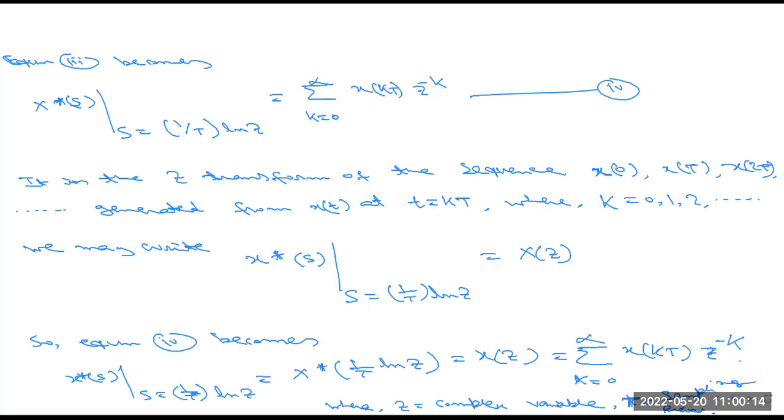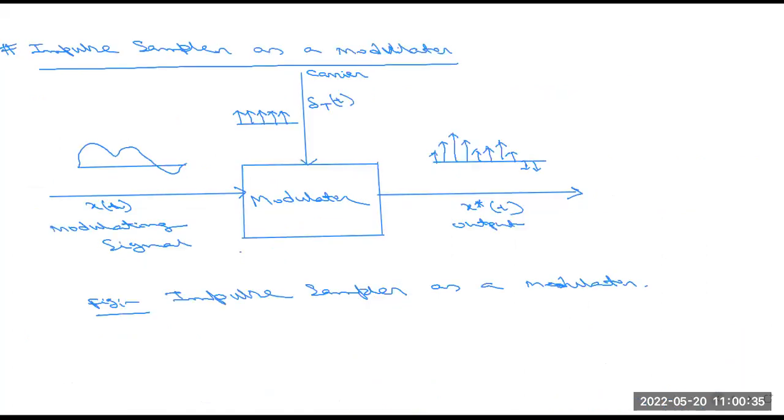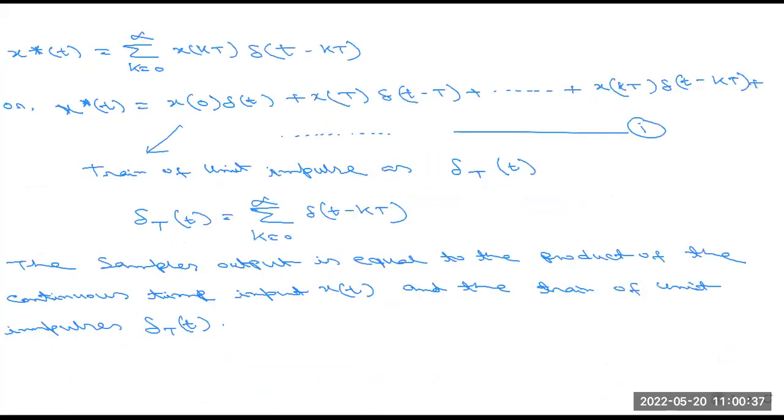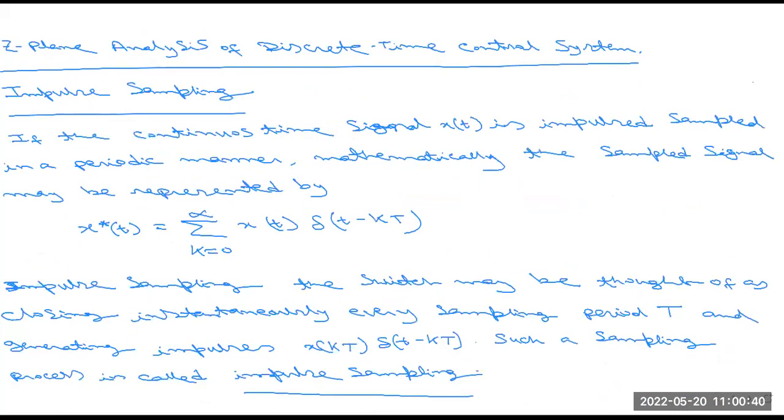Okay, so this is how the impulse sampling function is calculated from the continuous time signals. This is very, very important. Sometimes the question is only the definition, what is the impulse sampling method, or sometimes it asks how to calculate the impulse sampling method in the z plane. At that time you have to describe it properly.